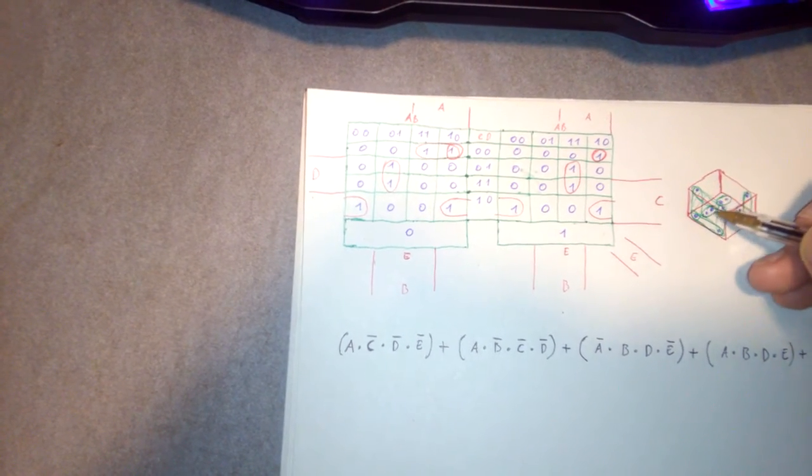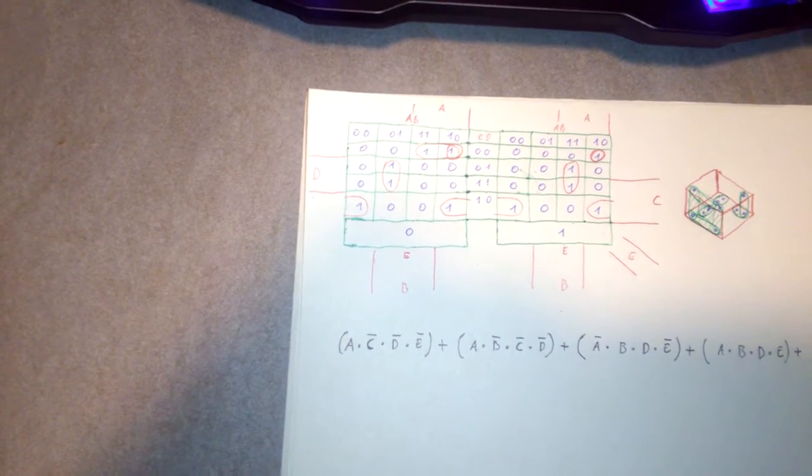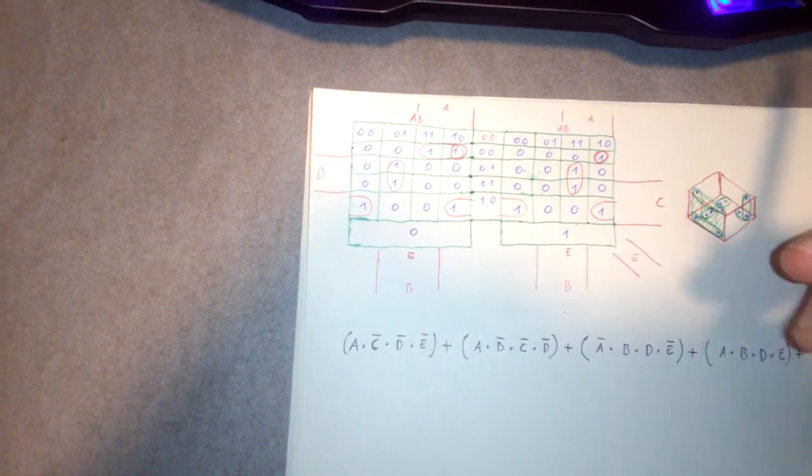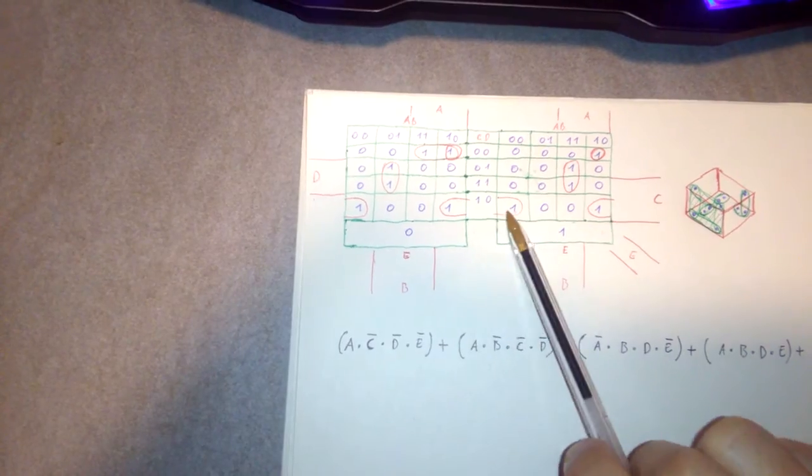So it's all this plane, all this part here, it's a group. Okay, so group of 4, 1, 1, 1, 1.